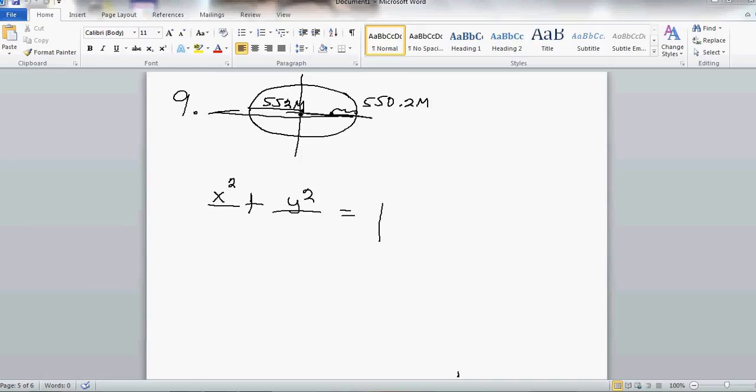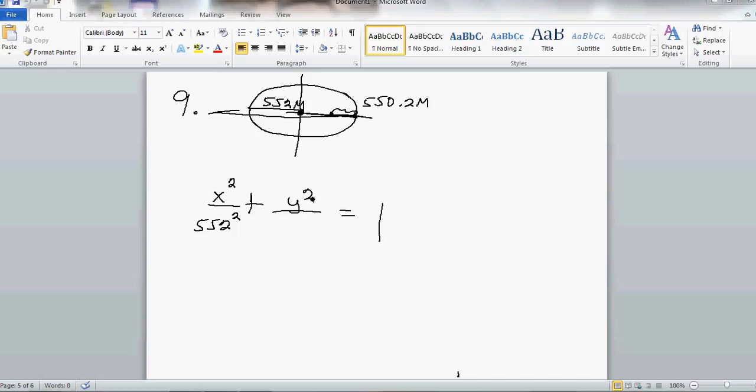Well, we need to find the distance from here to here. To find a, the distance from here to here is 552, so this would be 552 squared. And we know it goes with the x because I made x be my major axis. Now we have to figure out what y squared is.